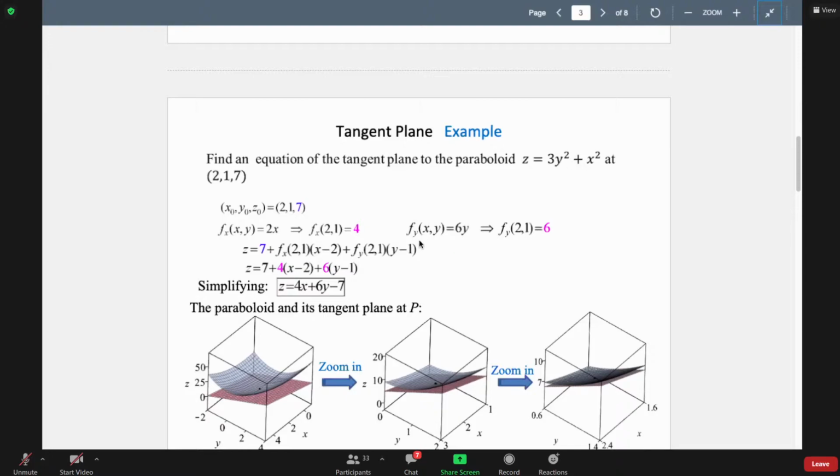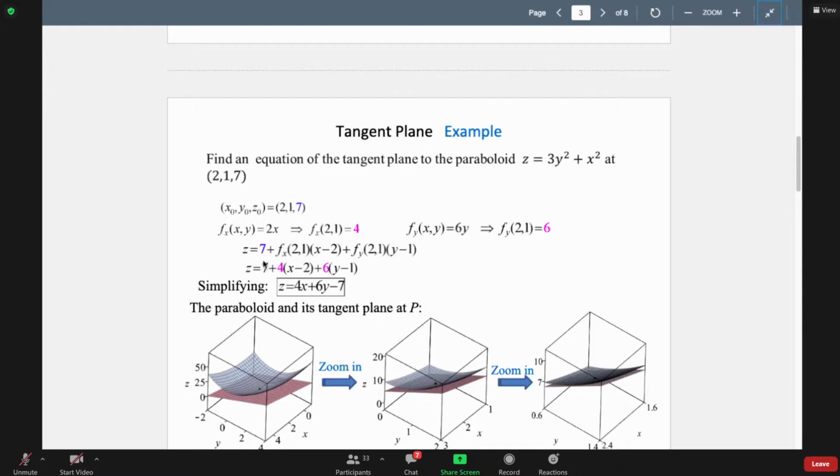So now the partial with respect to y. Now y is the variable, you treat x as a constant. So the partial with respect to y will be 6y. And then we are interested in this value at the specific point. Well, y is 1, so the partial derivative at the point (2, 1) is 6.